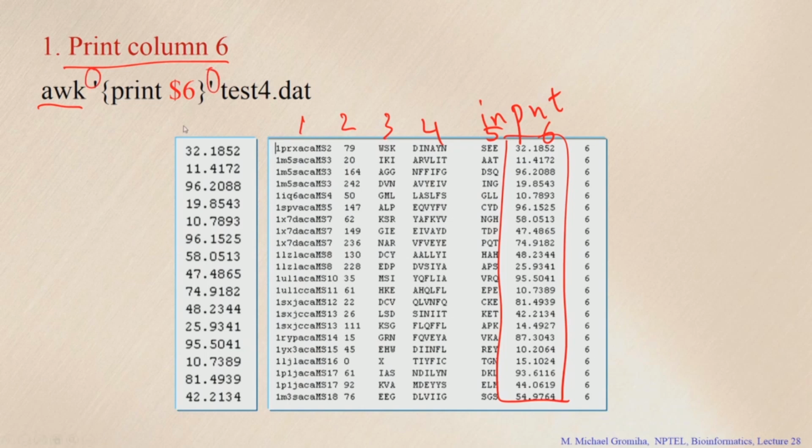You put print $6, the 6th column. Then you will get the output, 6th column values like 32.18, 11.41. That is fine.